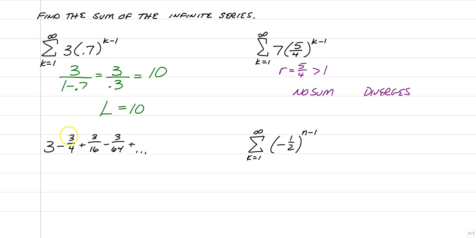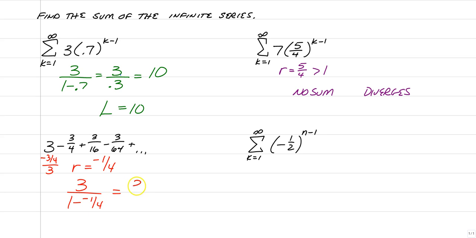Okay, so to find the rate, remember, when we find rates of geometric sequences, it's the term divided by the term before it. So negative 3/4 divided by 3 is going to give us a ratio of negative 1/4. Then we're just going to take our formula, our first term divided by 1 minus our ratio of negative 1/4.